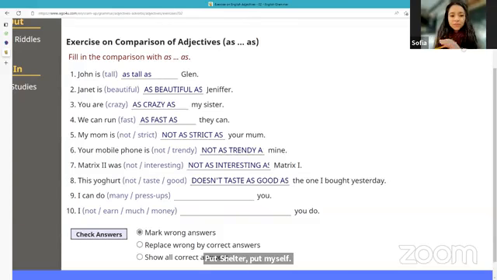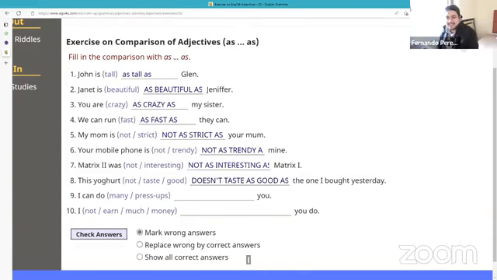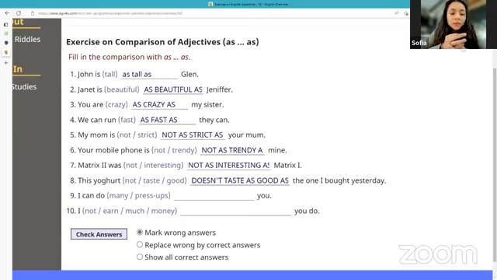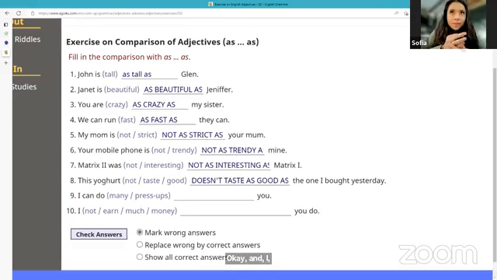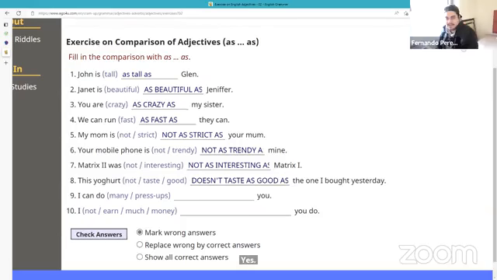I can do... I can do many press ups. Okay.